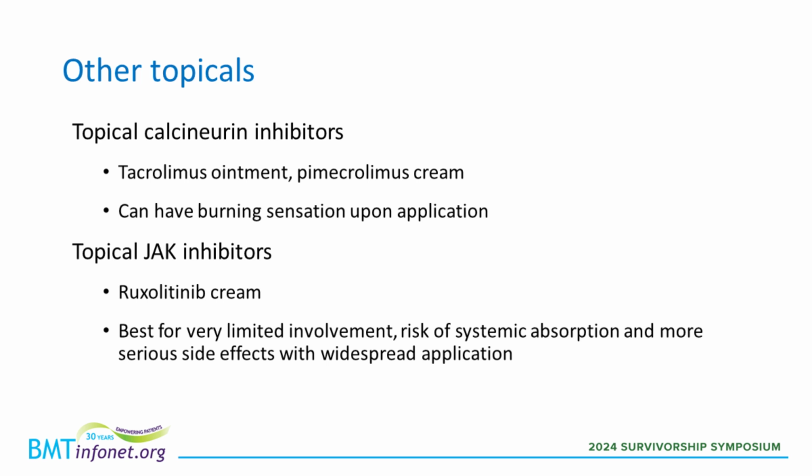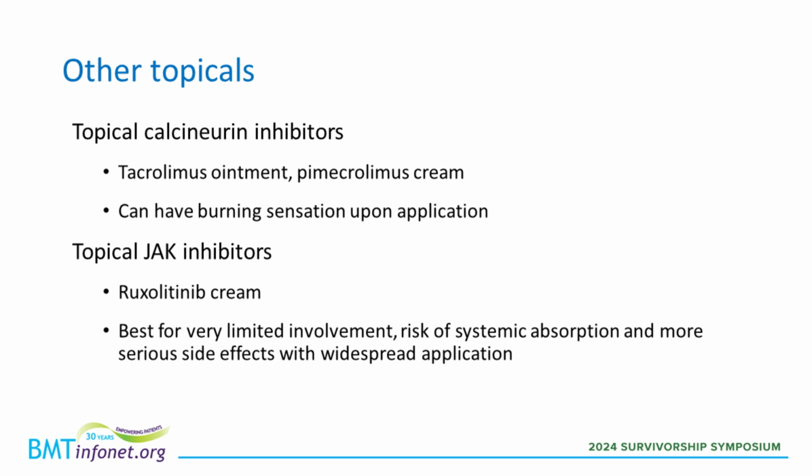I want to talk a little bit about topical calcineurin inhibitors. The medication names are tacrolimus, which you might recognize, and pimecrolimus. These are non-steroidal medications that can help with inflammation on the skin, and we often incorporate these into a treatment regimen for both acute and epidermal chronic graft-versus-host disease to use something other than topical steroids, to try to mitigate the risks of chronic long-term topical steroid use.